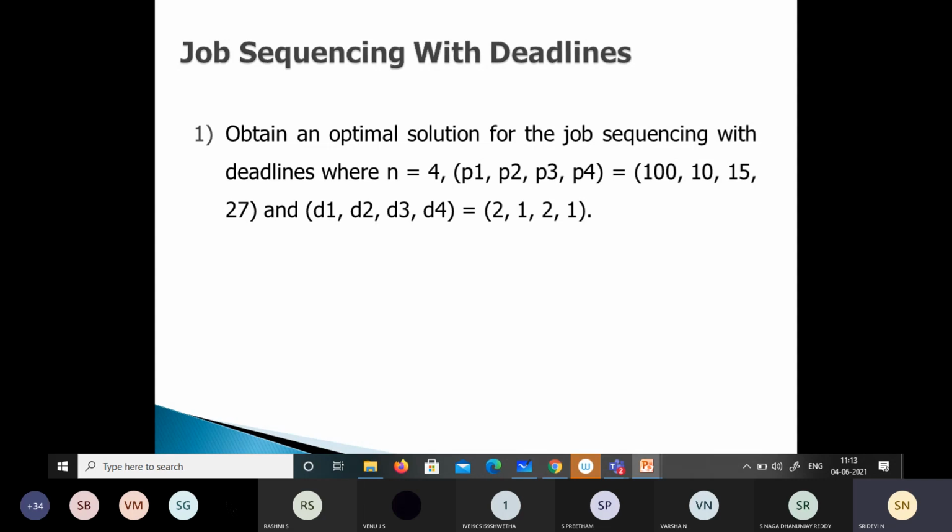We also have a deadline associated with these jobs: the deadline is 2 for P1, 1 for P2, 2 for P3, and 1 for P4. These are the profits and these are the deadlines. You have to complete the jobs in such a way that the profit will be maximum. So let's see how to solve this problem.